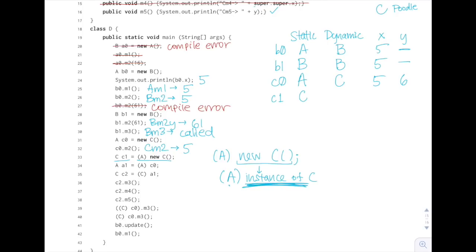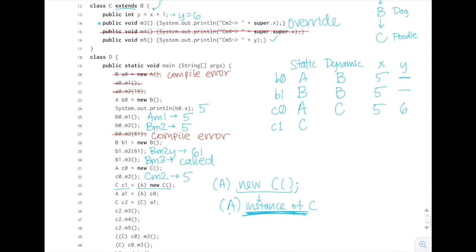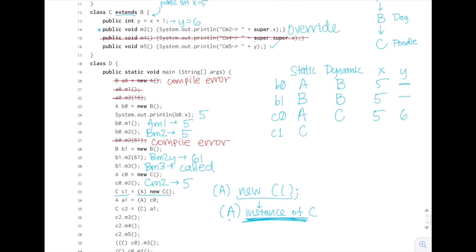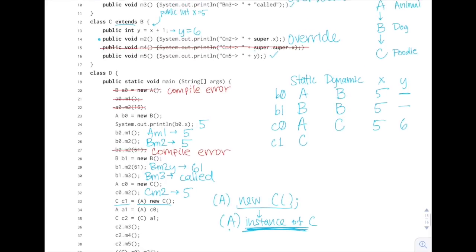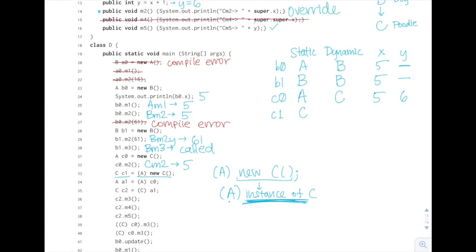Okay? So now the compiler's thinking, okay, the right-hand side is really an A object. And so now the compiler's saying, oh, I'm trying to put something of type A into a box that's meant for things of type C. So if we think about our analogy, we're trying to put an animal into a poodle box, okay? And that's not all right.